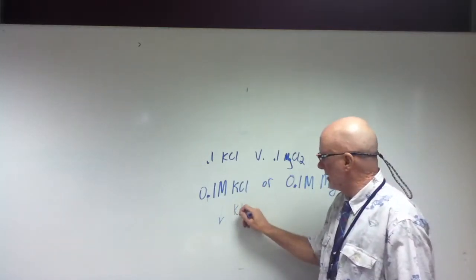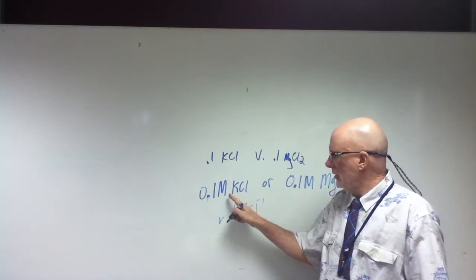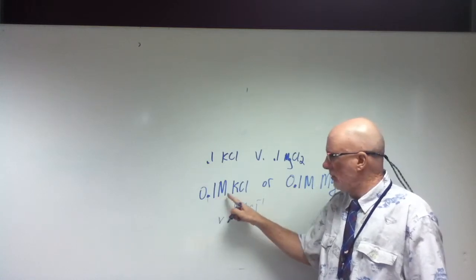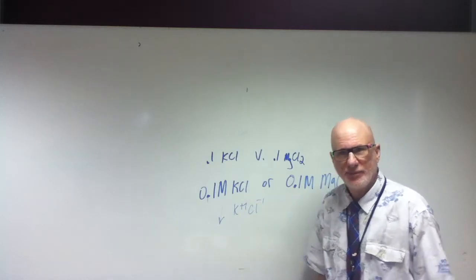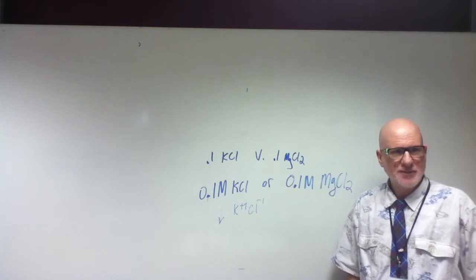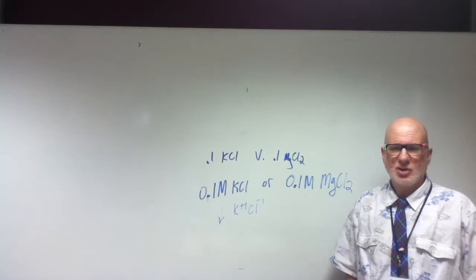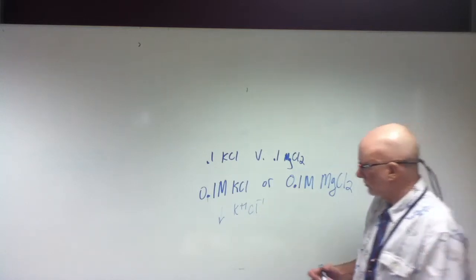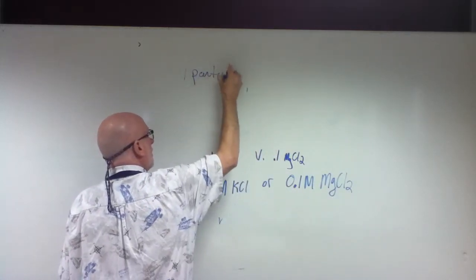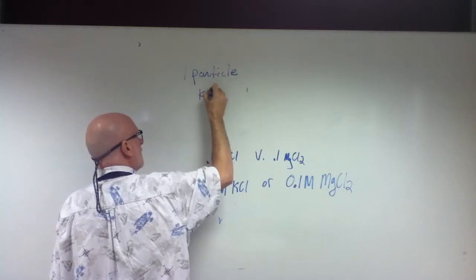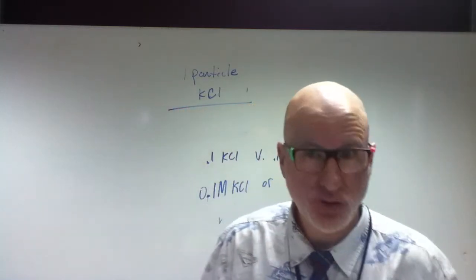This is potassium plus 1, chlorine minus 1. So for every 0.1 moles of potassium chloride, how many moles of ions am I going to get? In other words, look, guys. 1 particle of potassium chloride breaks down to how many ions? 2 ions, right?